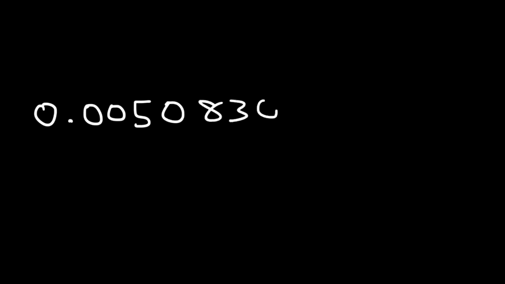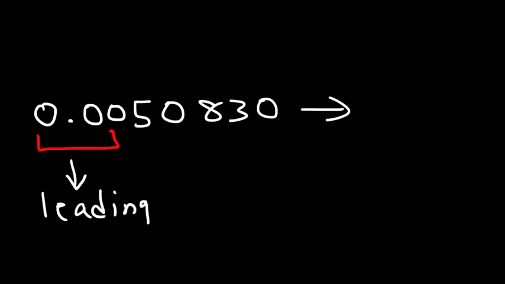So to review, let's try this example. 0.0050830. How many significant figures are in this number? Looking at the leading zeros, remember the leading zeros are not significant. The zeros that are in between 2 non-zero numbers, those are significant.